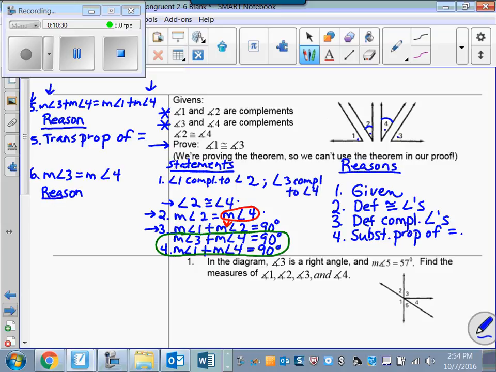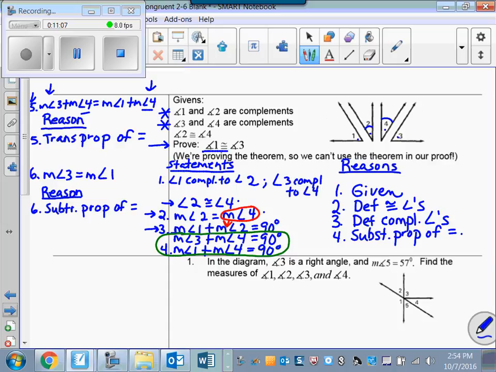Because I subtracted the measure of angle 4 from both sides. Since I'm not in my columns, this is really messing me up. You might want to write this whole proof on a separate sheet of paper. I apologize. The reason is the subtraction property of equality.